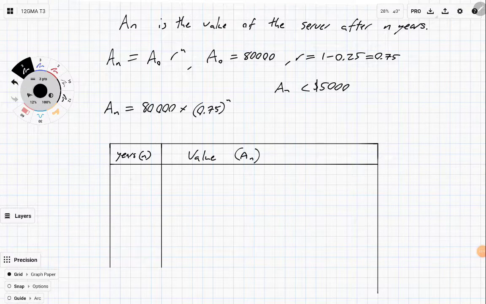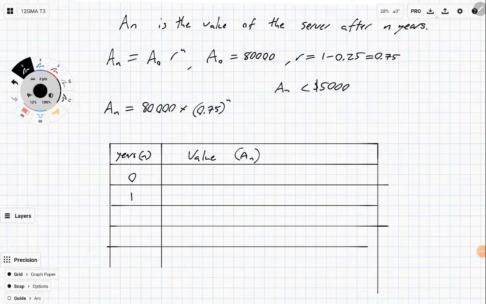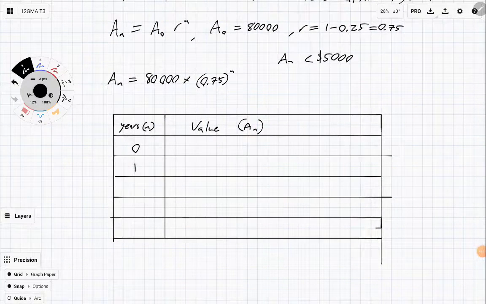Alrighty, so we've got after 0 years, after 1 year, etc., etc. Now I don't know how long this table is going to be. I'm going to start with just the first 4 years, and we're going to see where we go. Now I already know the initial value, that's just $80,000.